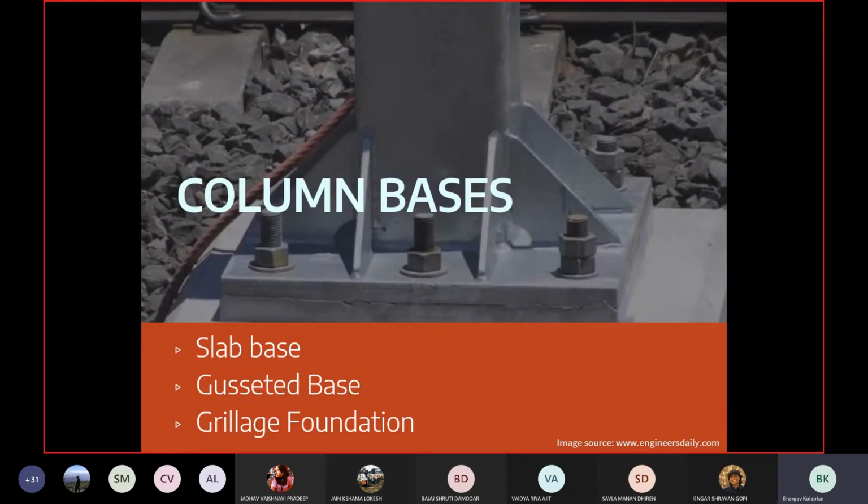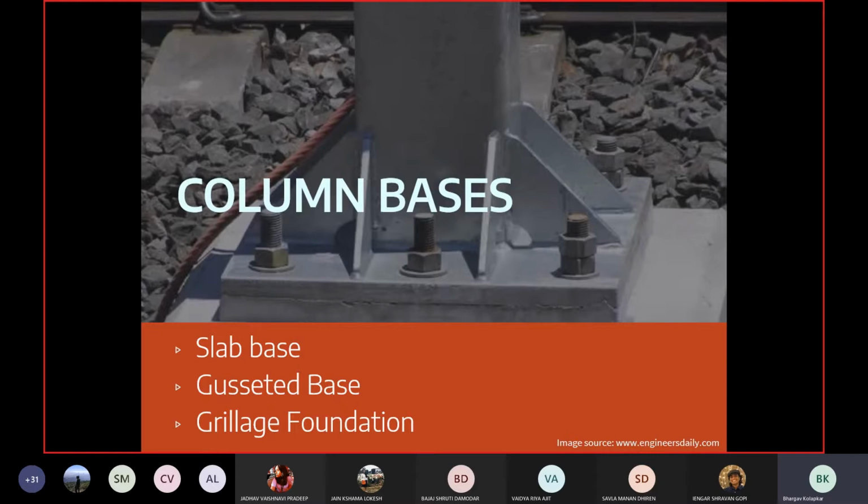But before that, I just want to finish discussing column bases. And once we are done with the theory, we'll jump into the numerical. So I believe you must have seen many columns, particularly at train stations. I'm sure most of you have been to train stations.